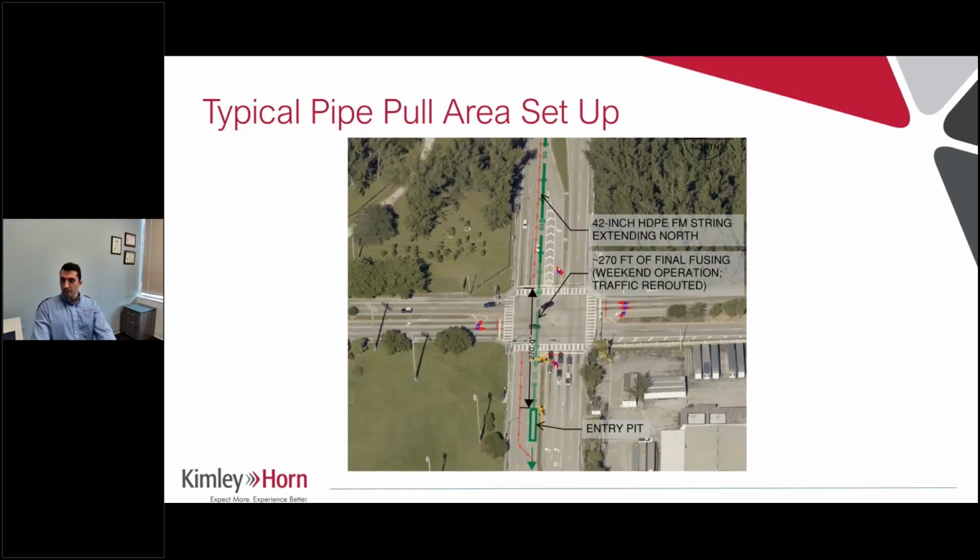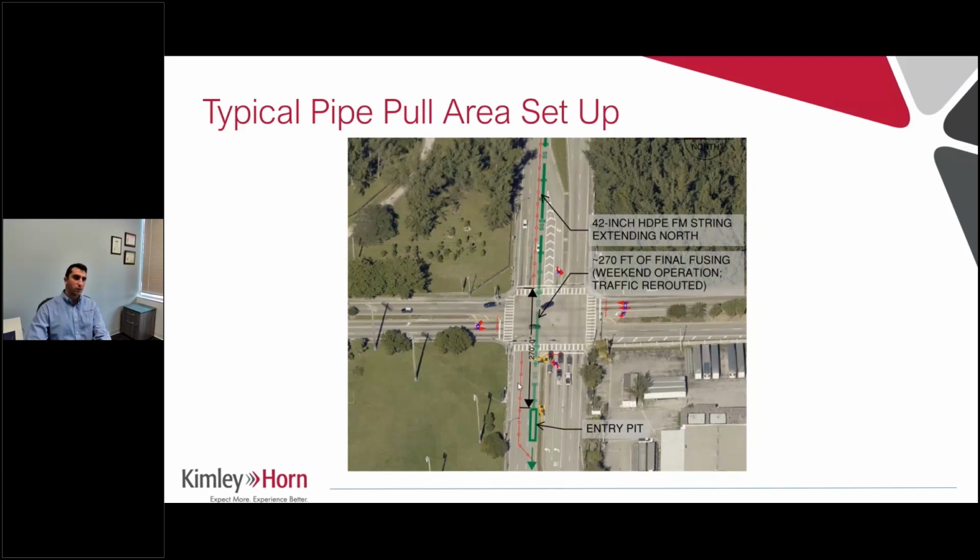Now on the pipe pulling area, we had to take a close look at the maintenance of traffic in this case. Here's the midpoint of the project, and at the bottom part of this picture, you'll see the entry pit for the pipeline. We're basically stringing all of the pipe to the north of this major intersection.